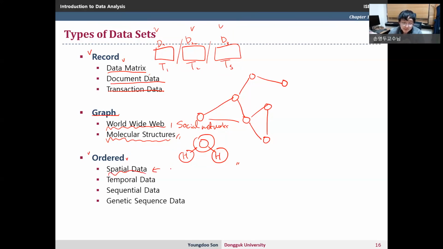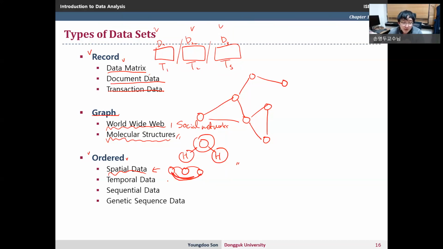For example, we have information that this one is next to this one, or how far the data points are from each other.